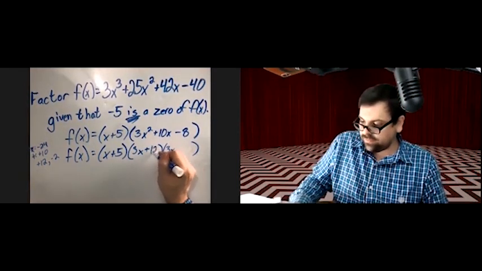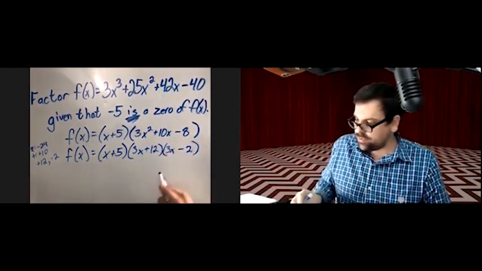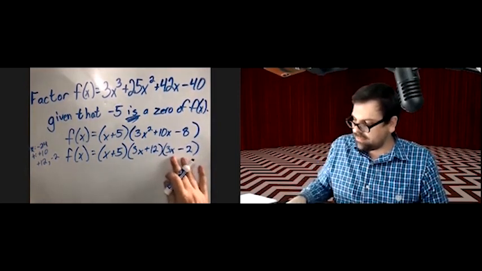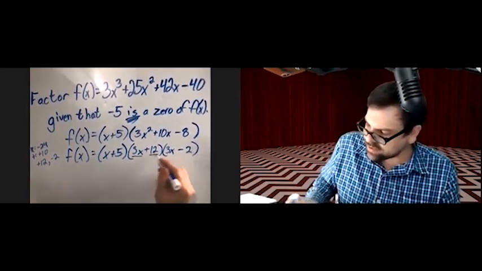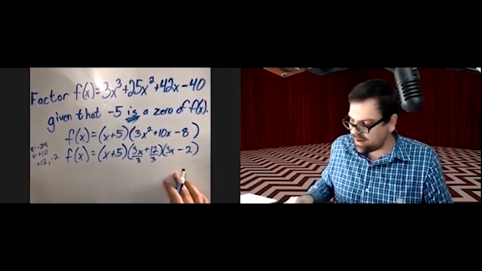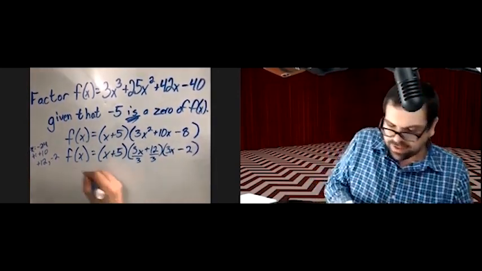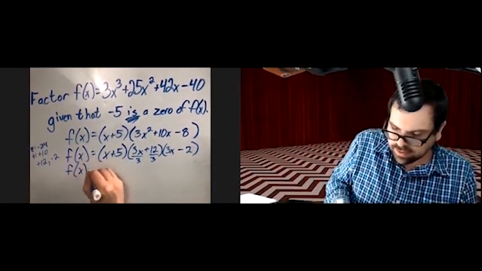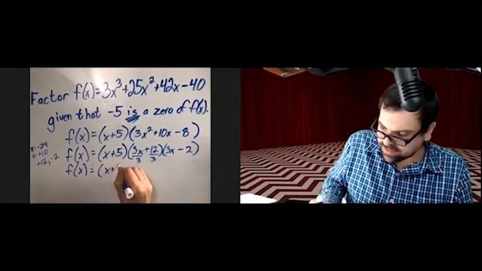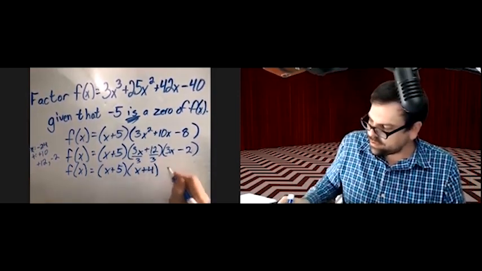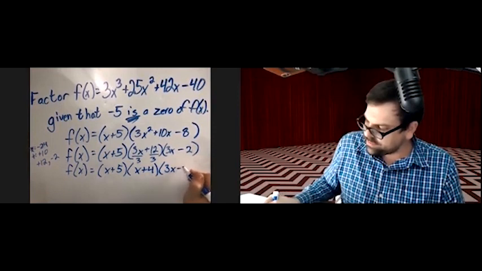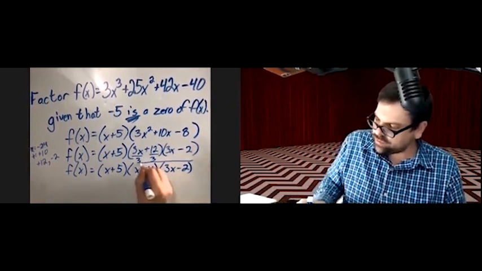Plus 12 minus 2. Nothing can be divided by the 3x and the 2, but here 3x and 12 can both be divided by 3. That's the rest of the airplane method. X plus 5 times x plus 4 times 3x minus 2.